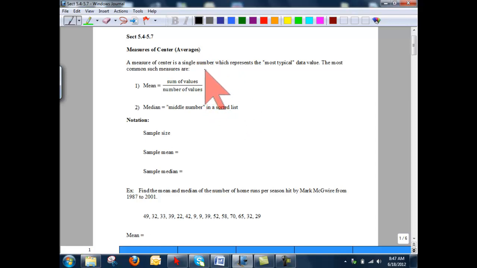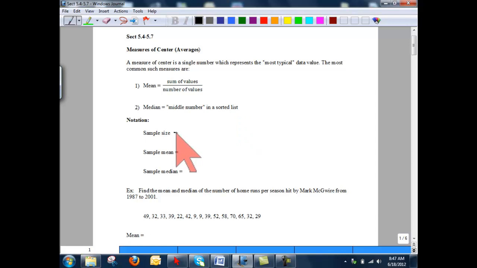So in this course, I will try to refer to mean when that's what I want to talk about, median when that's what I want to talk about, and the word average will refer to either one of those. As you know, the mean is computed by taking the sum of the values and dividing by how many there are. And the median is the middle number in a list that's been sorted.